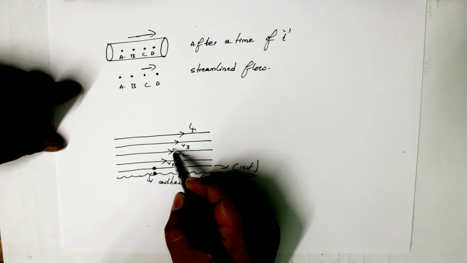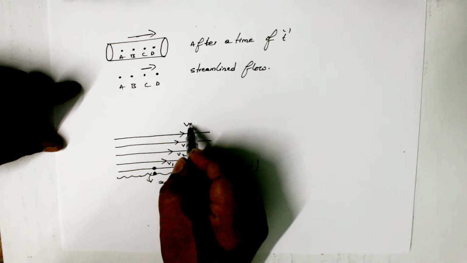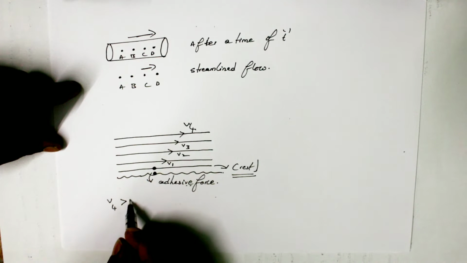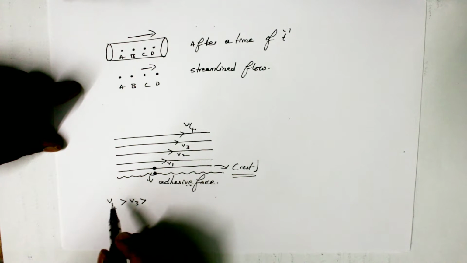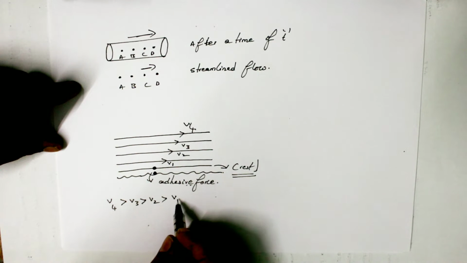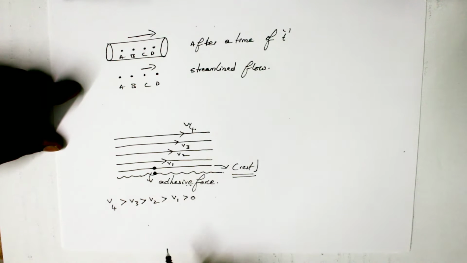Then why am I drawing these arrow marks like this? It means that the topmost layer v4 has a greater velocity when compared to v3, and it has a greater velocity when compared to v2, and this has a greater velocity when compared to v1, and the final layer is in rest position, its velocity is 0.